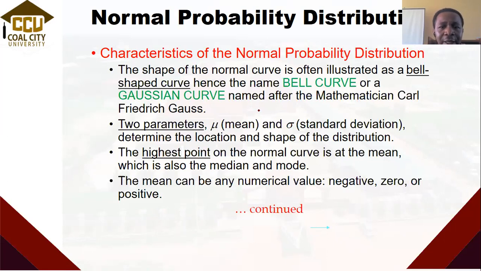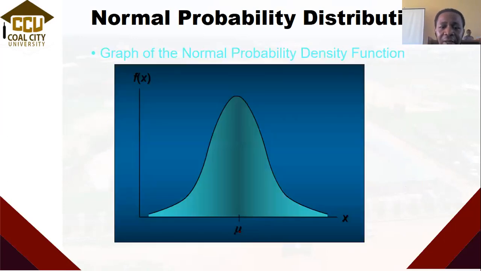There are important things you need to understand about the normal distribution curve. One of them is that on a normal distribution curve, the mean, the median, and the mode are usually at the same point. They are usually equal.